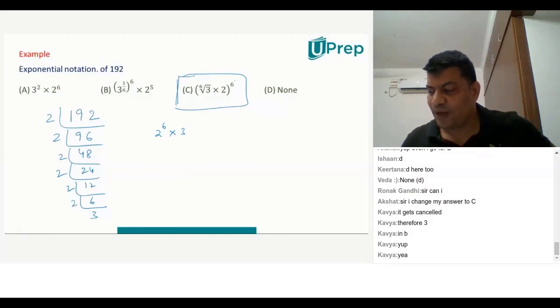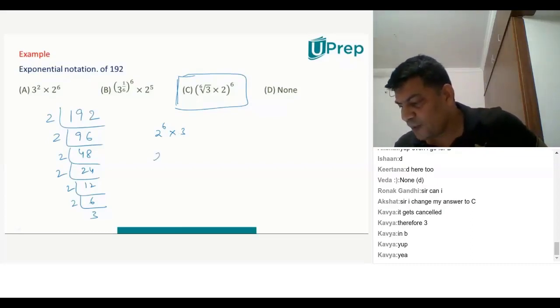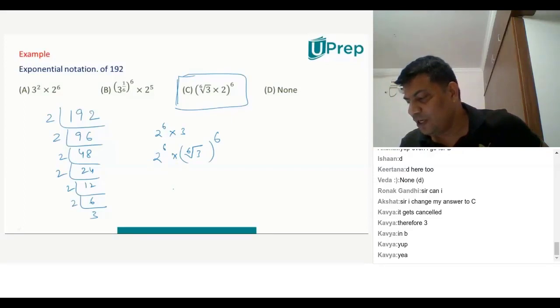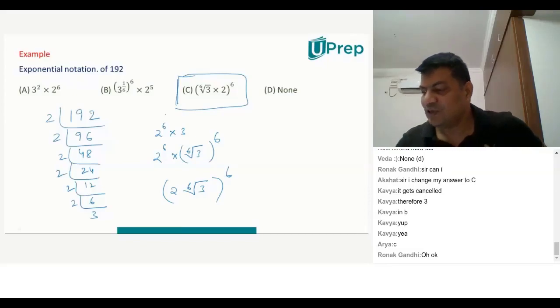The sixth root of 3 whole to the power of 6 will be nothing but 3 only. So 2 power 6 multiplied with 3 can be written as 2 into the sixth root of 3, whole to the power of 6. That is your answer C.